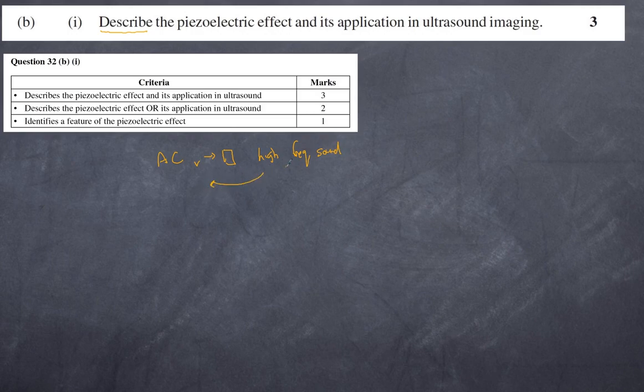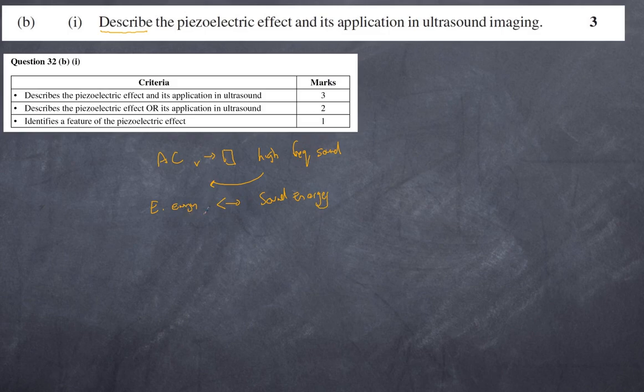If we have piezoelectric crystals experiencing high frequency sounds, they're going to get distorted and thereby produce an alternating potential across them, and therefore we can measure that. So in other words, by applying electrical energy onto the crystal, we can produce sound energy. As a result of the reverse of this, we can have sound energy producing electrical energy.